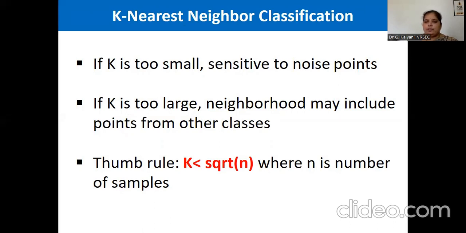Let us take square root of 10 as 3 point something. So you can select your k value which is less than or equal to 3 point something. Right? So it is always better to select the k value which is less than square root of n to have the correct representation of the predicted label for the given test instance.